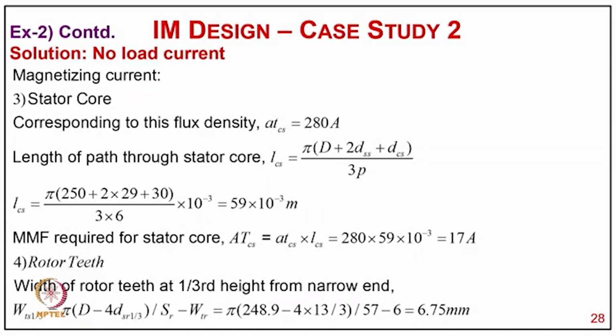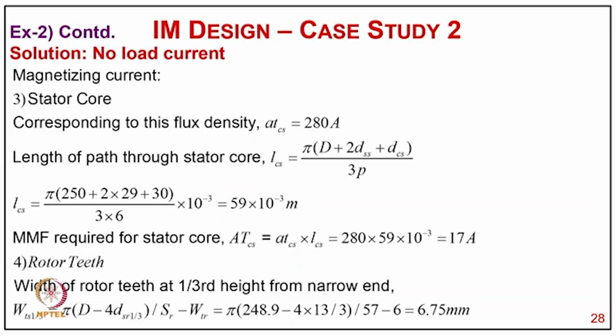Calculating the length of the magnetic circuit part in stator core, LCS equals pi into D plus 2 DSS plus DCS by 3P, which comes 59 into 10 to the power minus 3. So MMF required for stator core, capital ATCS, equals small atcs into LCS, so putting values it comes 17 ampere.